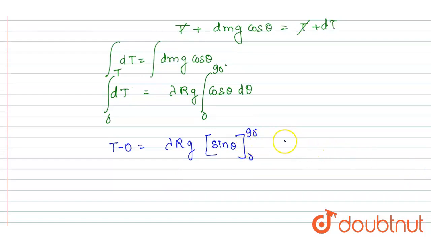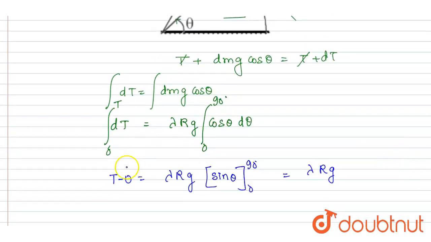Sine 90 is 1, sine 0 is 0. So from here you will get this as the tension difference.